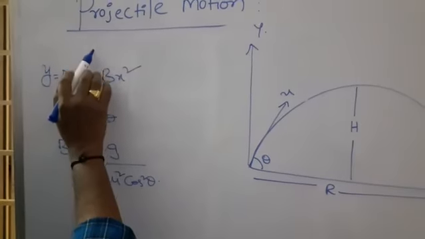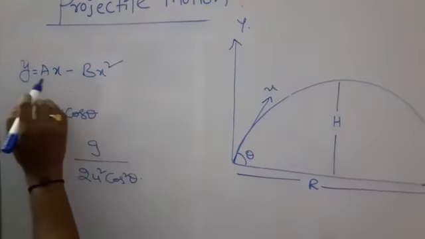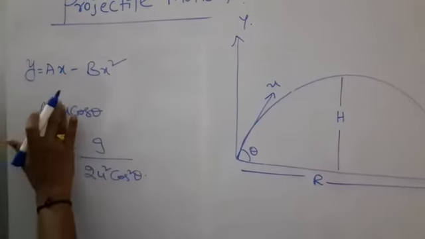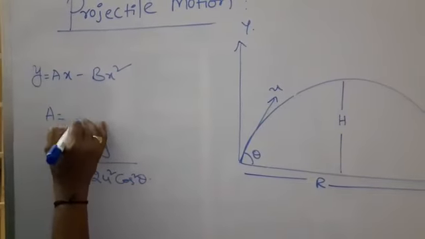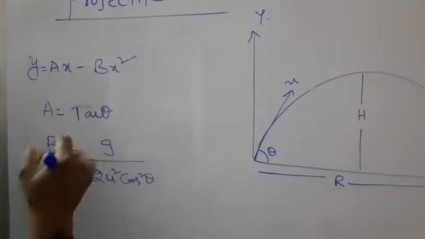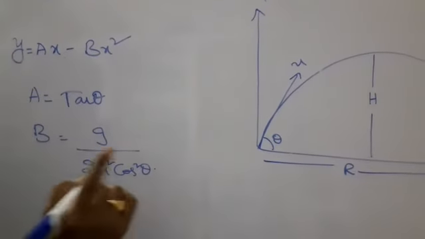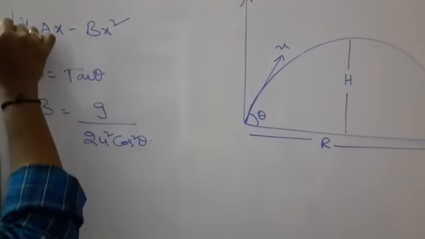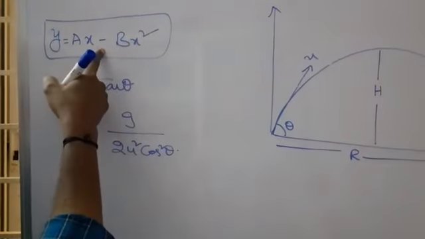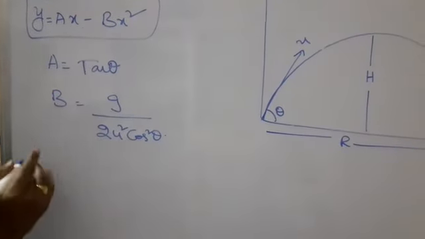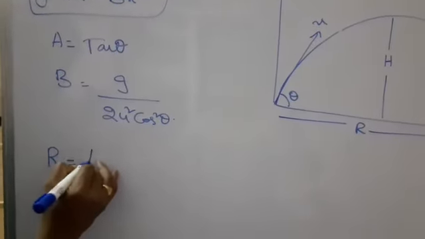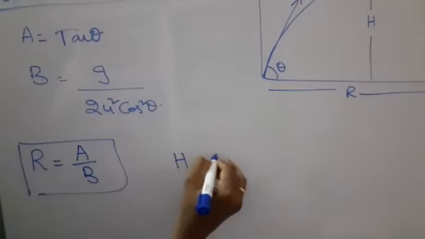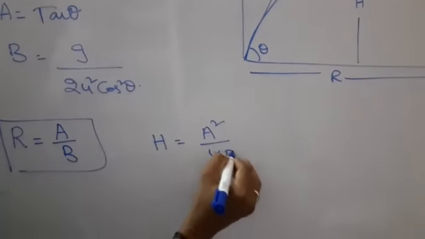The projectile equation is a parabolic equation, y is equal to ax minus bx square. Here a is a constant, that is tan theta, and b is equal to g by 2 u square cos square theta. If a parabolic expression is given like this, the range is equal to a by b, and the height is equal to a square divided by 4b.